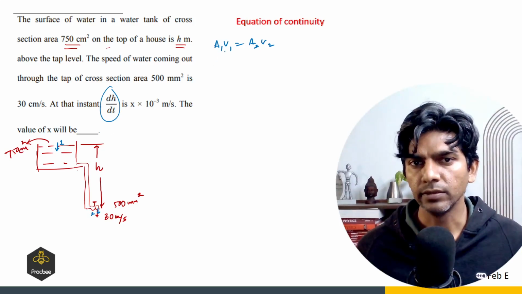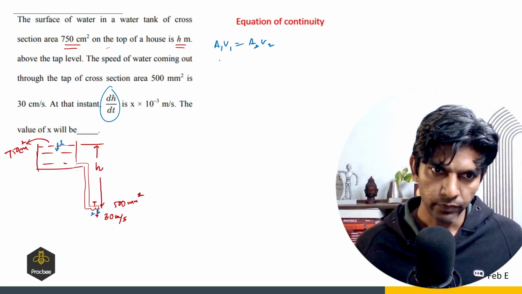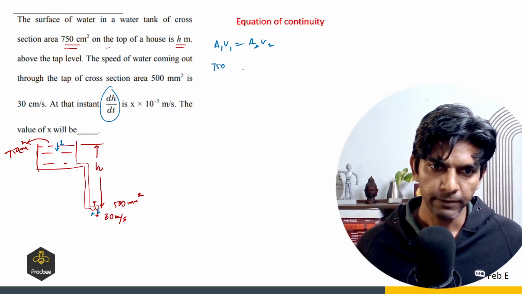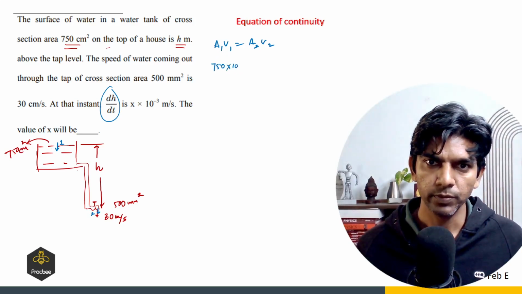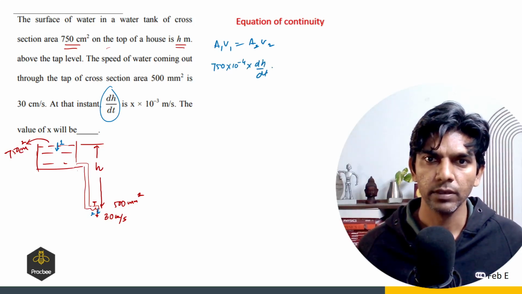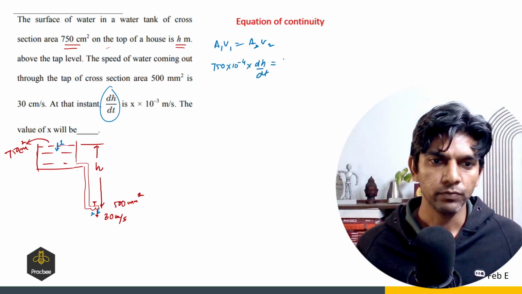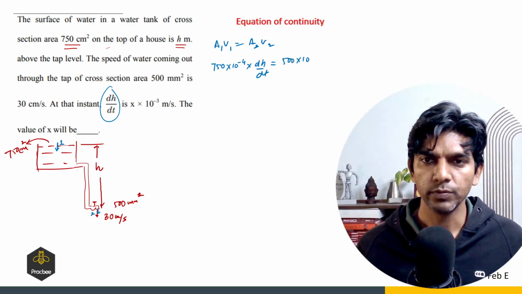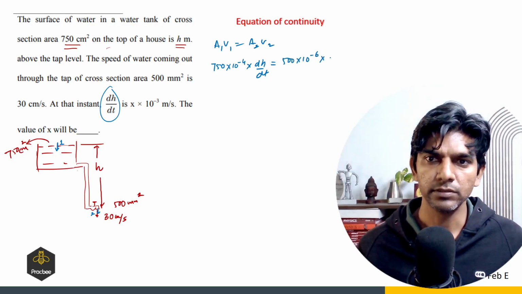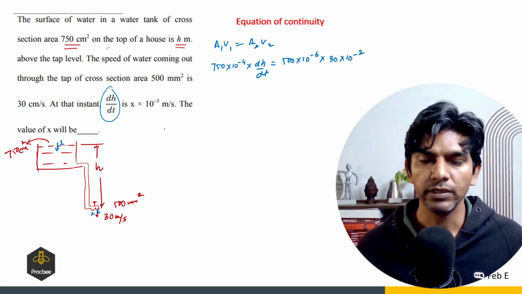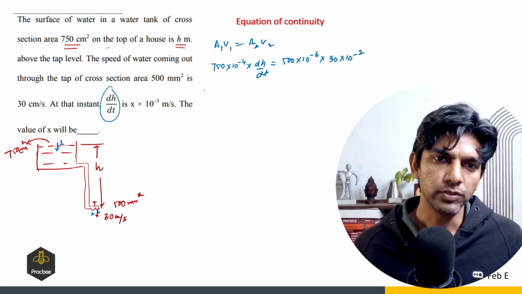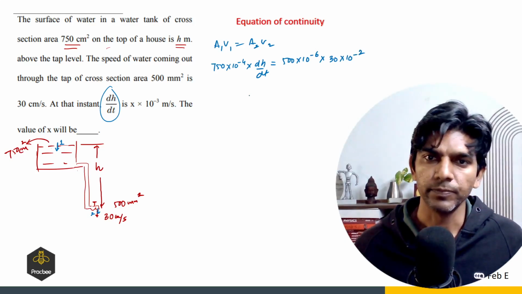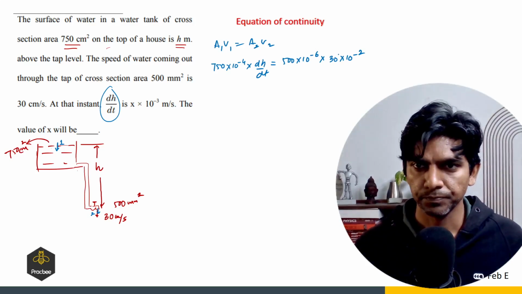So we have to find the speed. A1 is 750 into 10 raised to power minus 4. V1 is nothing but dH by dt, and A2 is 500 into 10 raised to power minus 6, and V2 is 30 into 10 raised to power minus 2. I've just converted everything into SI units, and dH by dt is x into 10 raised to minus 3. So let us simplify this.